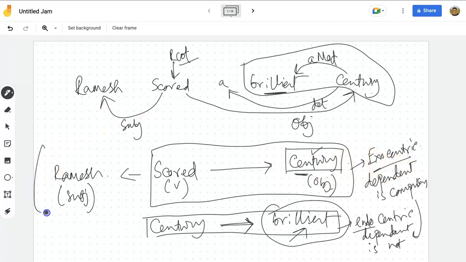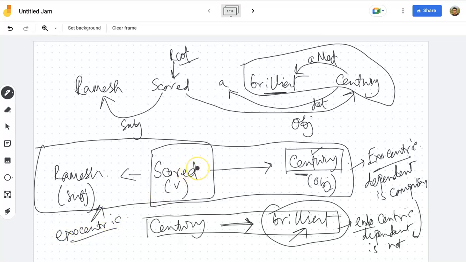Similarly, from the verb to the subject is also an exocentric relation, because without the subject the verb is nothing. The meaning of this sentence is not the same without the subject and object. So this kind of dependency is an exocentric relation.